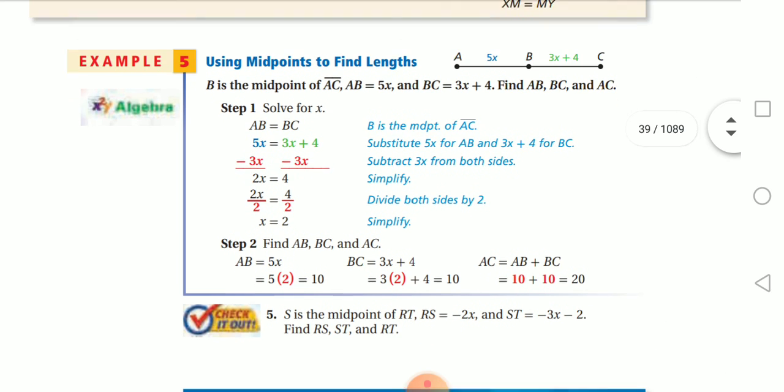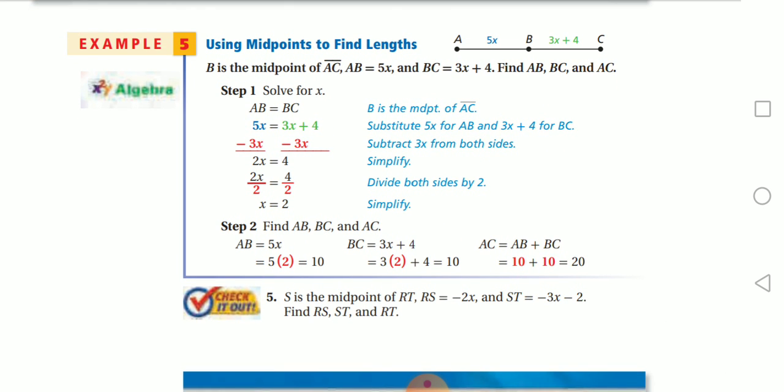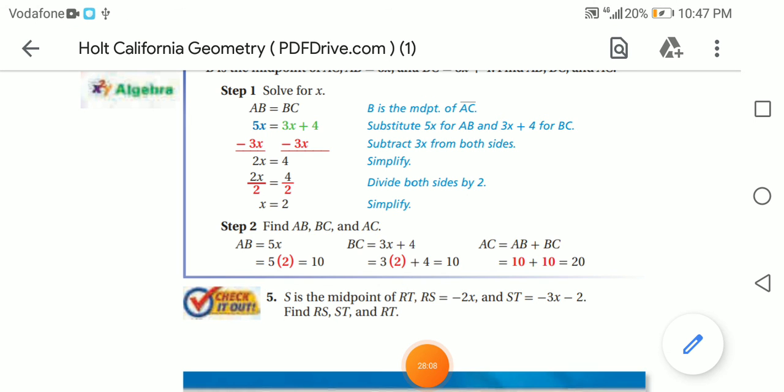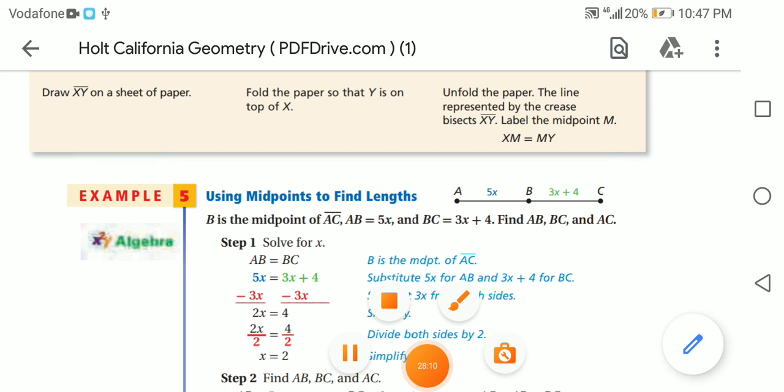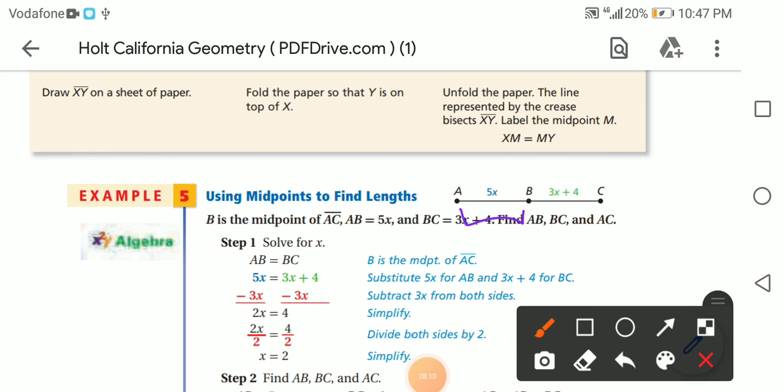Okay, using midpoints to find lengths. Here I have ABC. AB is 5x, and BC equals 3x plus 4. B is the midpoint, so 5x equals 3x plus 4.